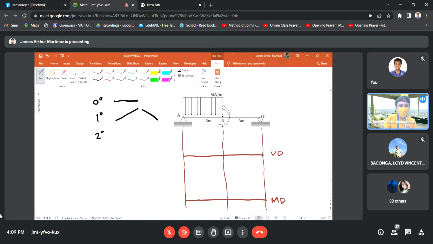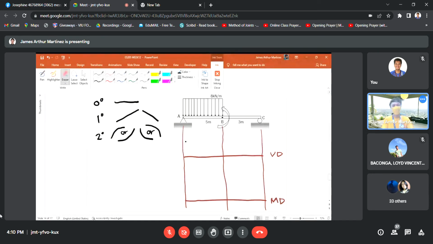For second degree, so that would be parabola na graph class. Or it could also be concave upward or concave downward. So depende na siya sa nature sa ato ang figure, or diagram. So on and so forth. So for third degree until nth degree, curve lang yapon na siya. It's just that for third degree mas mugamay na siya gamay class.